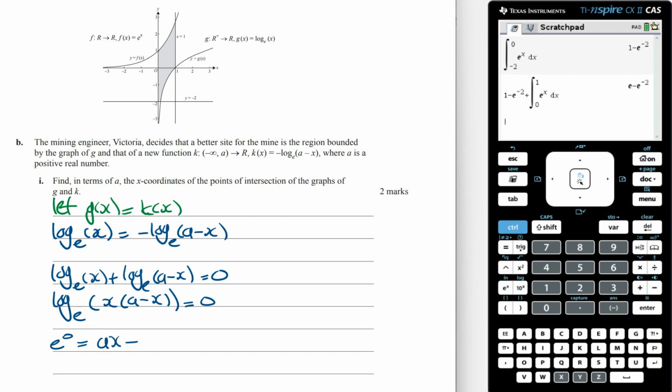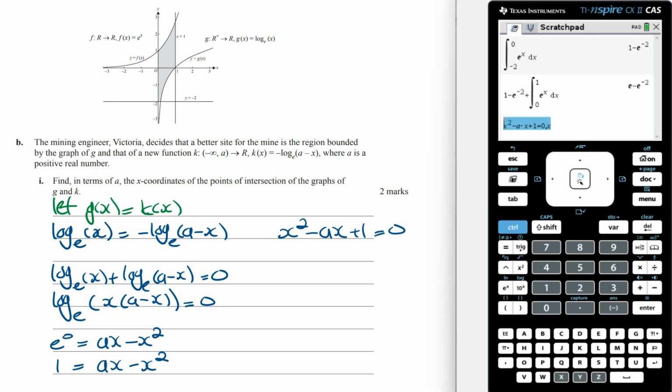which is ax minus x squared. e to the power of 0 is equal to 1, and so 1 is equal to ax minus x squared. Rearranging this, we get x squared minus ax plus 1 equals 0. We now have a quadratic equation, and we can use a calculator to solve for x in terms of a.